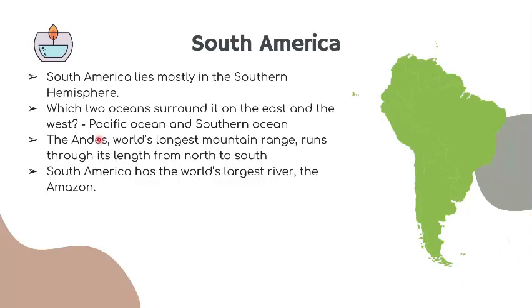The Andes, the world's longest mountain range, runs through its length from north to south, maybe like this. South America has the world's largest river, that is the Amazon River.